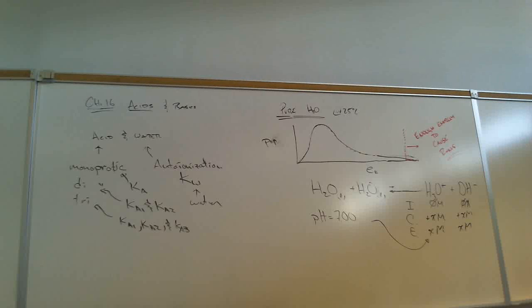What is the definition of neutral? The definition of neutral is not pH 7. The definition of neutral is equal concentrations of hydronium and hydroxide. This holds at any temperature. And so pH neutral is defined as the hydronium ion concentration is exactly the same as the hydroxide ion concentration.